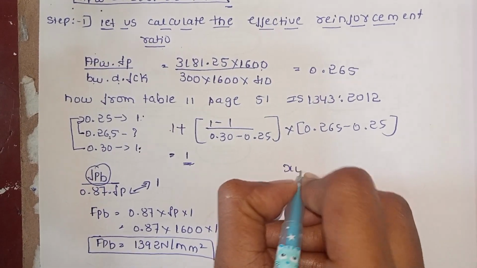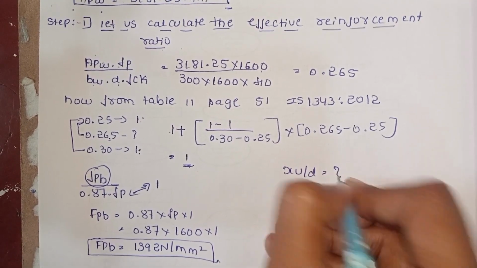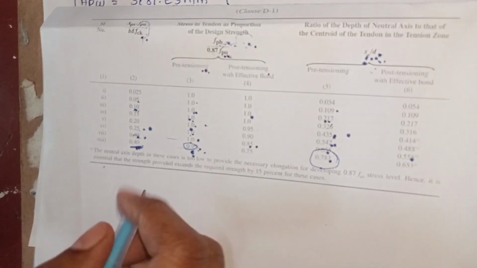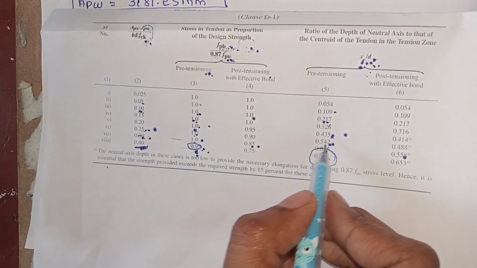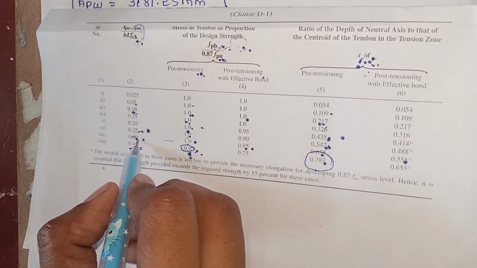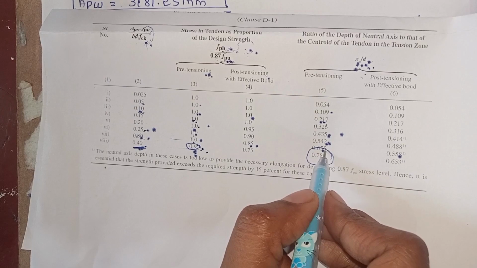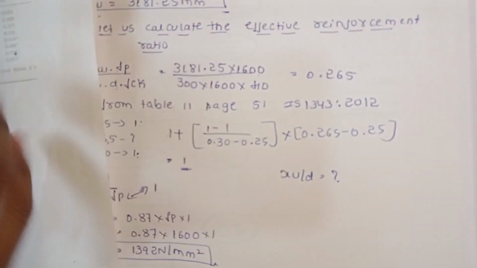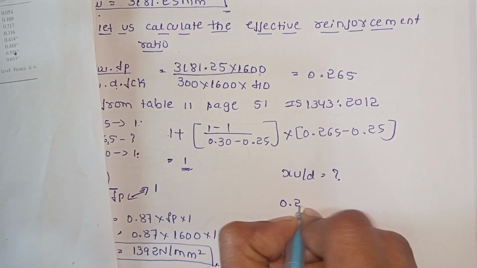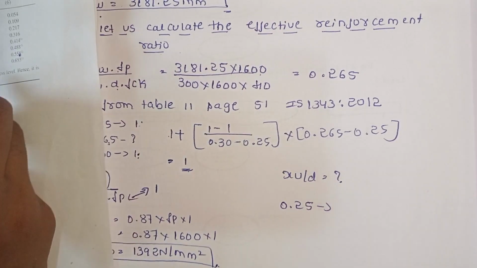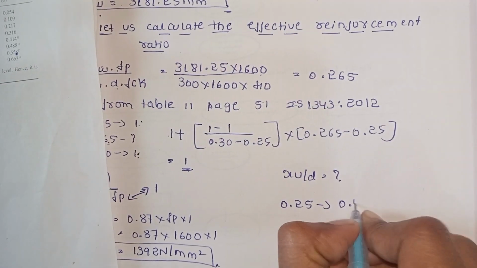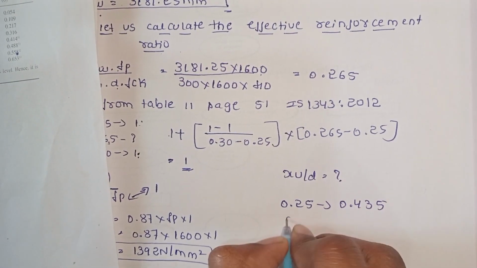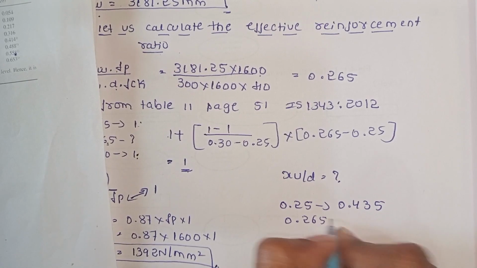Similarly, we want the XU by D value. So 0.25 corresponding value is 0.542 and 0.30 corresponding value is 0.655. Let's see. Now we want the 0.265 corresponding value.